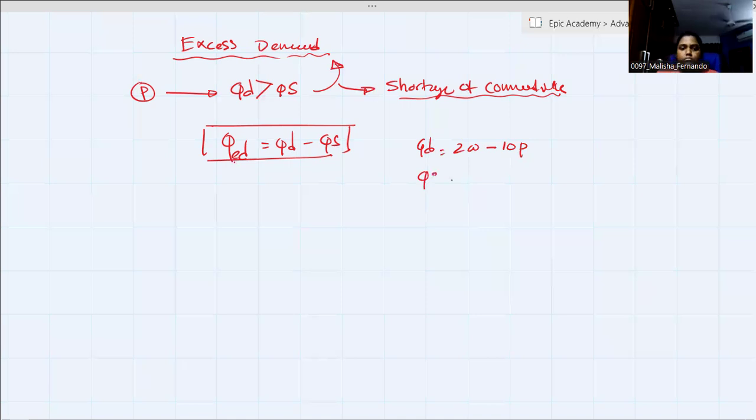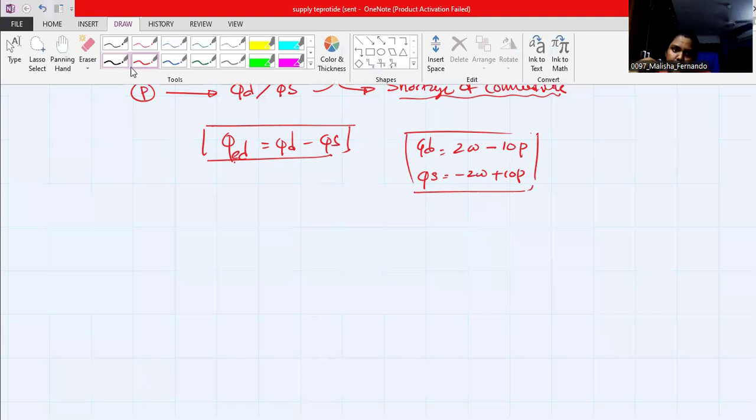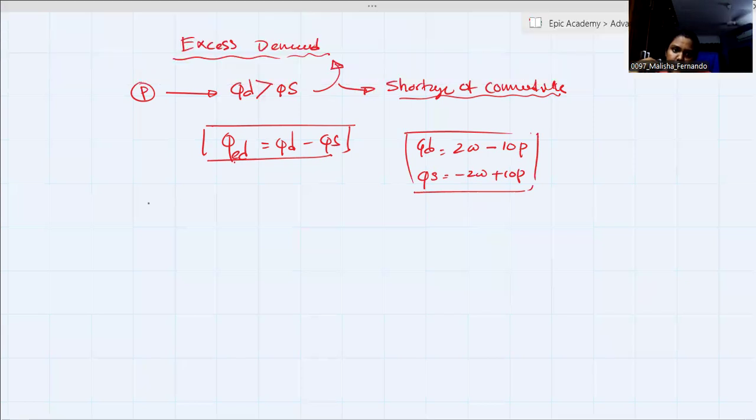QS equals minus 200 plus 10p. Just assume that those are the two major equations. By using those equations, we are going to calculate the excess demand. Then QED equals QD minus QS, right?